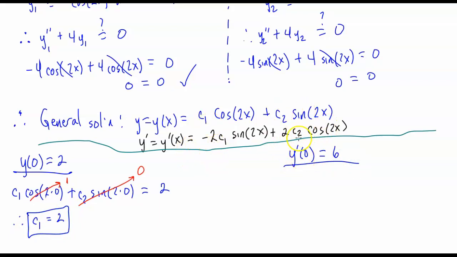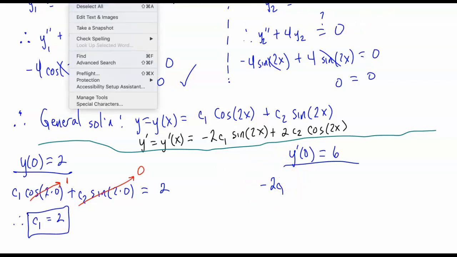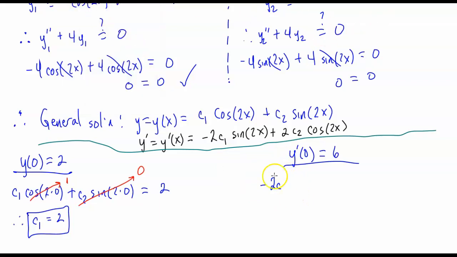Do the same thing here for the first derivative. So we have minus 2c1 sine of 2 times 0 plus 2c2 cosine of 2 times 0.